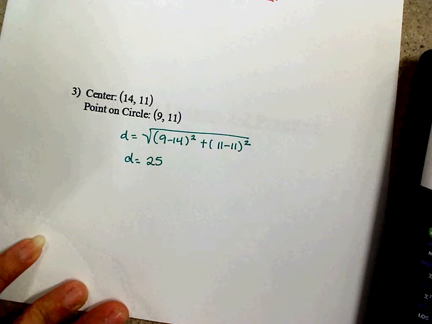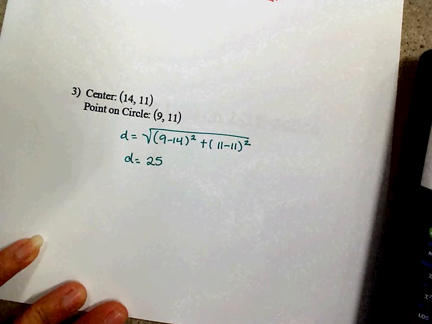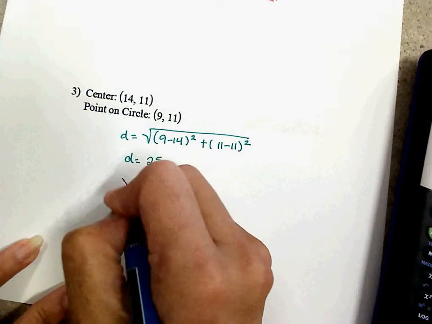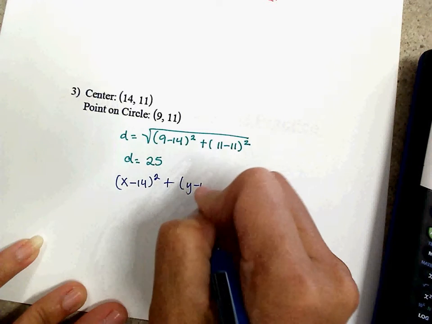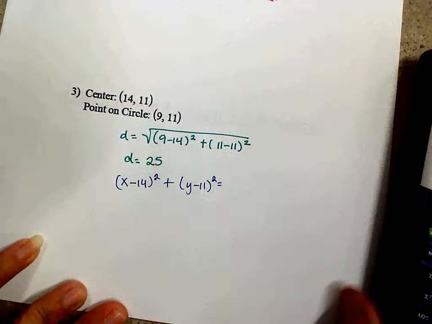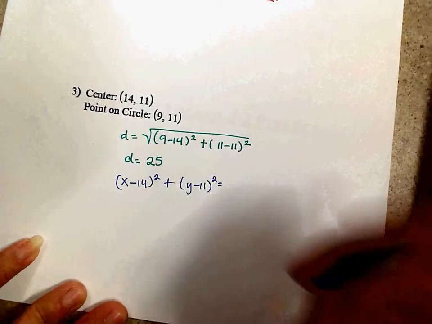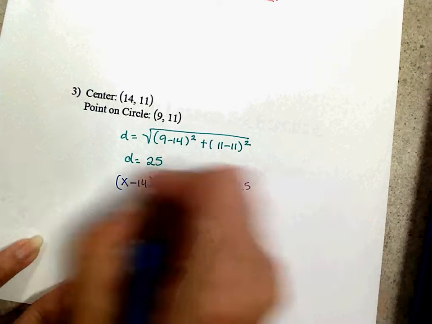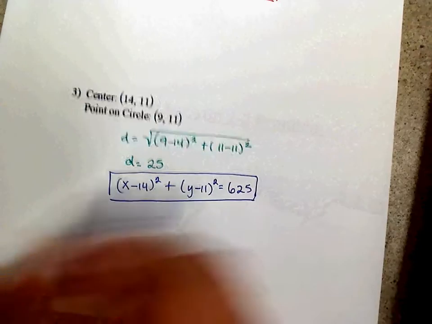Make sure I typed it in correctly. Okay, here we go. So here is your equation of a circle. X minus 14 squared plus y minus 11 squared is equal to 25 squared, and 25 squared is 625. And there you have number 3.